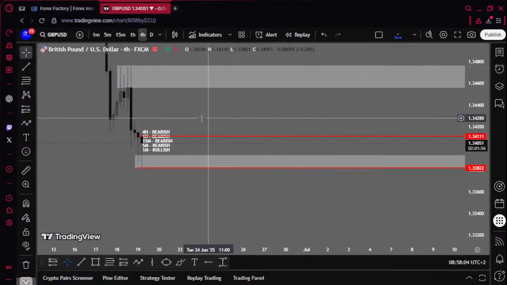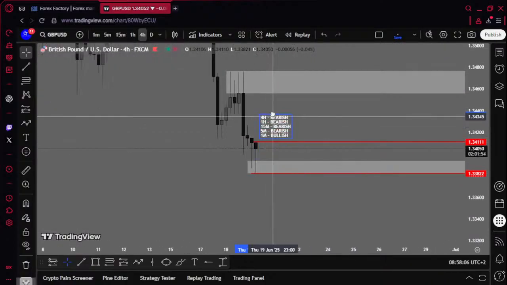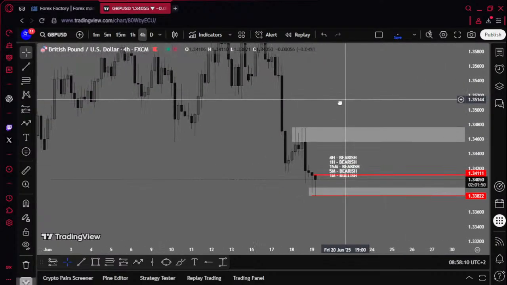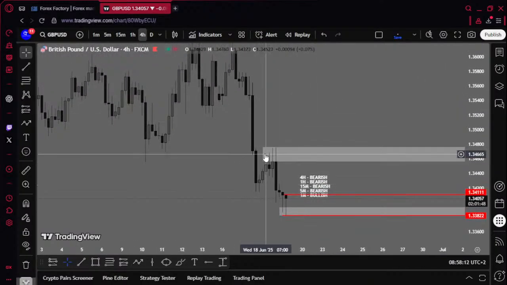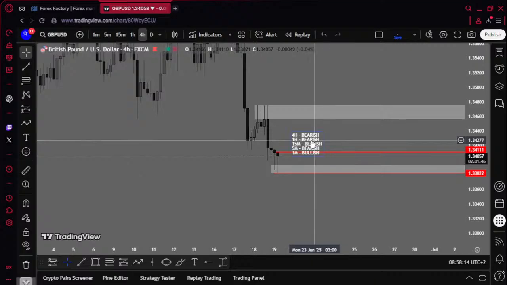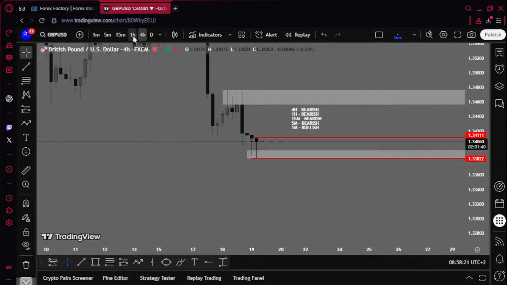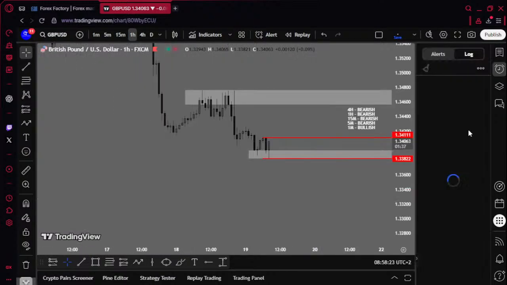But enough of that. I'll just summarize what I'm looking at and what I'm waiting for. So we're bearish on the 4-hour, and as you can see with the wicks starting to become larger on the 4-hour, it's possible that we might see a reversal.